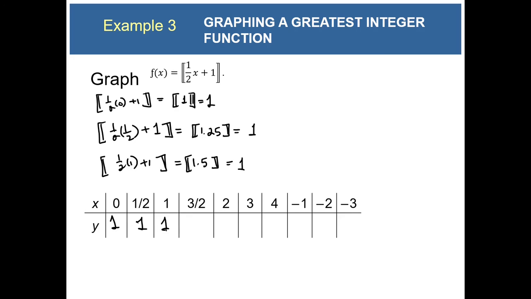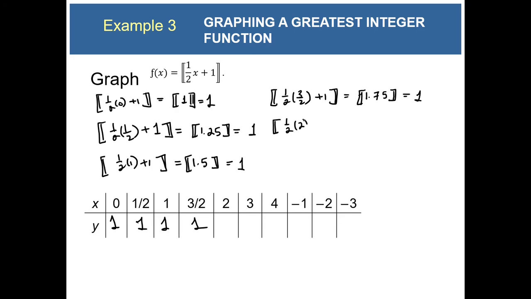So it seems like we're getting 1 consistently. Let's continue. 3/2 now. We'll plug in 1/2 times 3/2 plus 1. That's going to give us 1.75, and the greatest integer that's equal to this or less is actually 1 still, so we're going to get 1 again.